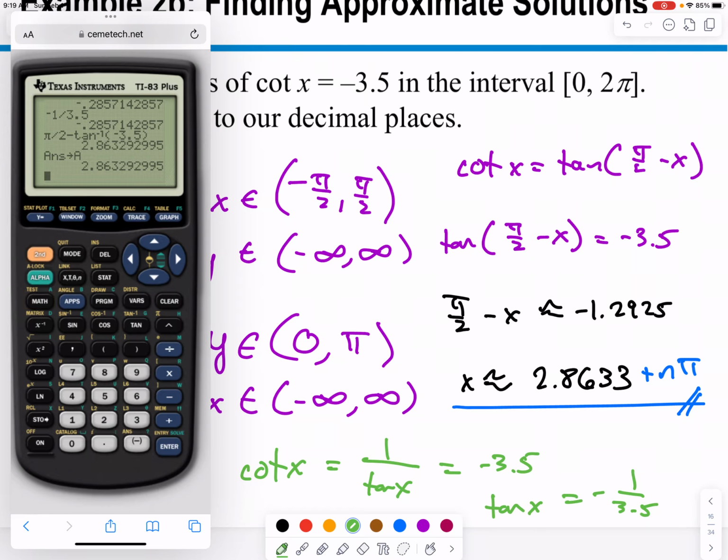So then, if we want 0 to 2 pi, can we subtract 2 pi from that? Let me see that alpha A minus 2 pi. I just want to see what the number is. Okay, we got a negative, so we're good there. We're going to ignore that one. But then let's take that number alpha A minus pi. We still get a negative there. So when n is 0 is the first one, so we got the 2.86. And then let's do when n is a 1. So we're going to take that number A plus pi.